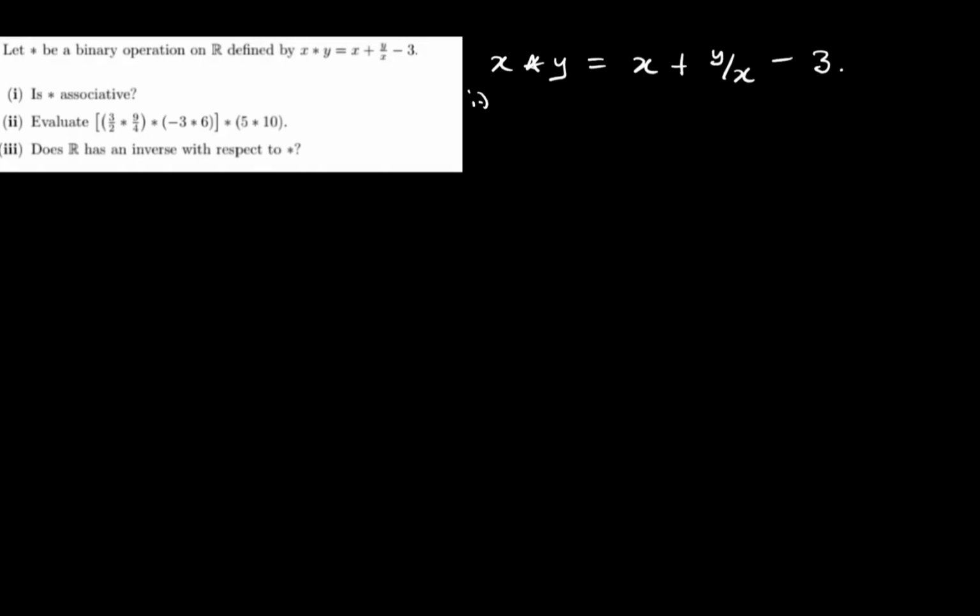If star is associative, it means that for the associative law, I need another variable. Let's introduce z, which is a member of all real numbers. It implies that x star y star z is the same as x star y star z. So this is my left-hand side, and this is my right-hand side.